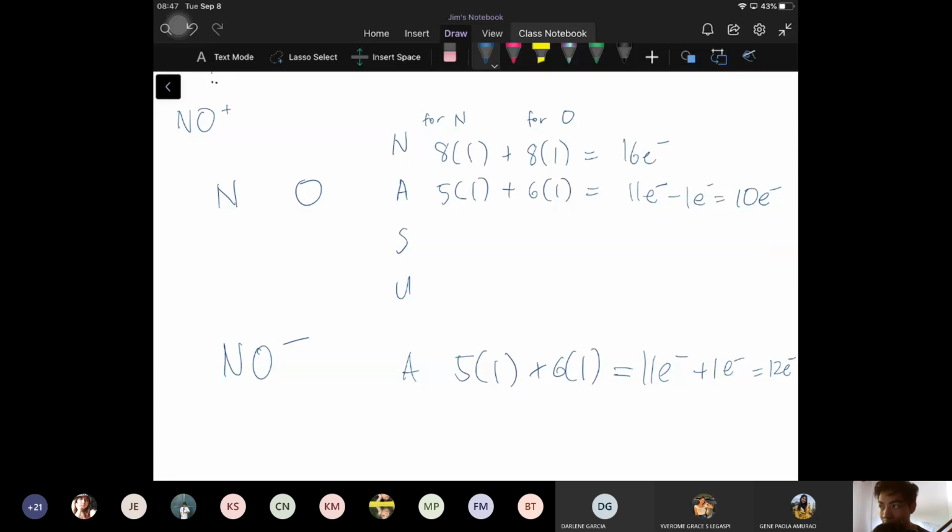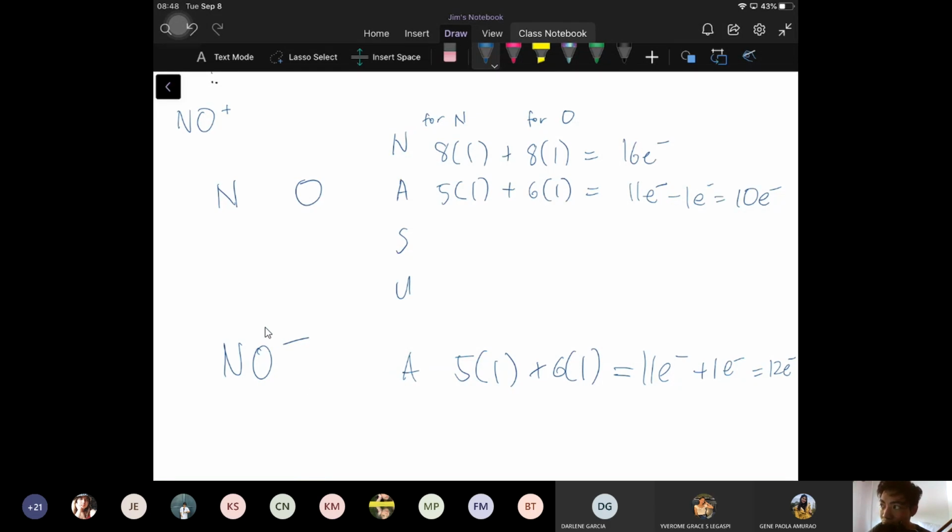So, ganun yung idea. Sir, paano kapag negative 2 yan? That means there is an excess of 2 electrons. So, you have to add 2 dito sa available. So, in summary, whenever you see positive charges, you have to subtract the number of positive charge dito sa available kasi kulang ng electron yung idea.